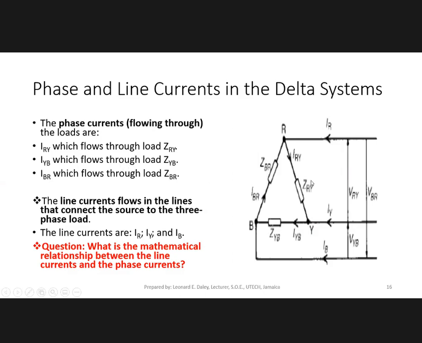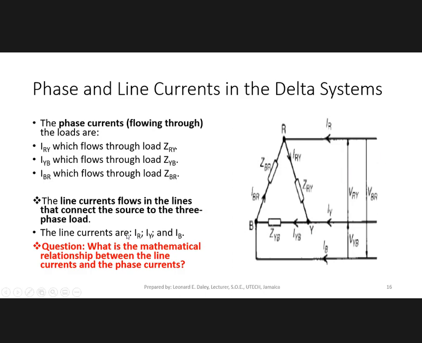And the line currents, as before, flow through the lines. So IR would be flowing through the red line, IY would be flowing through the yellow line, and IB would be flowing through the blue line. And remember now, the lines connect the source and the loads.